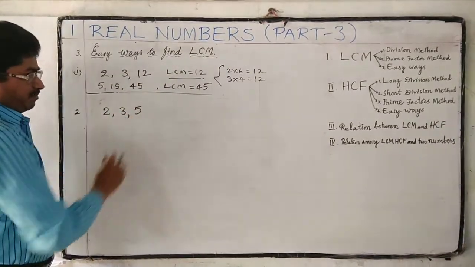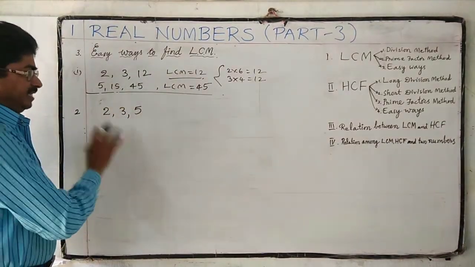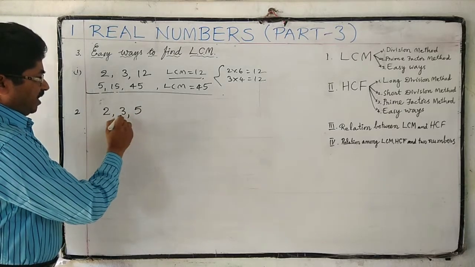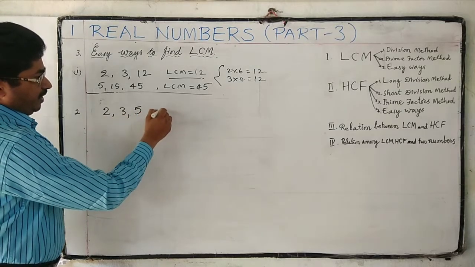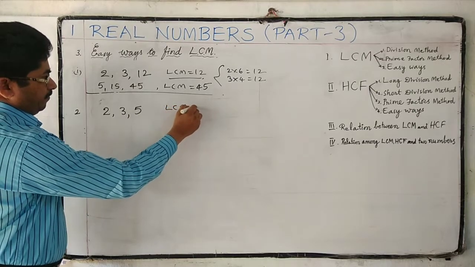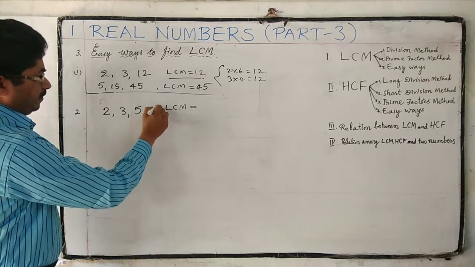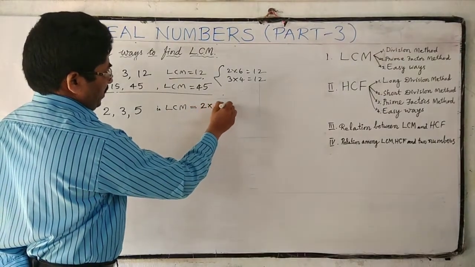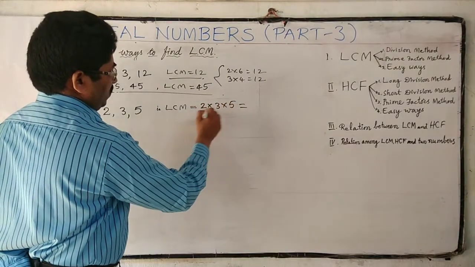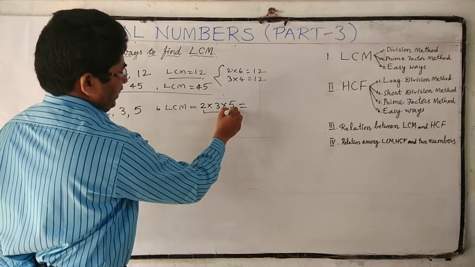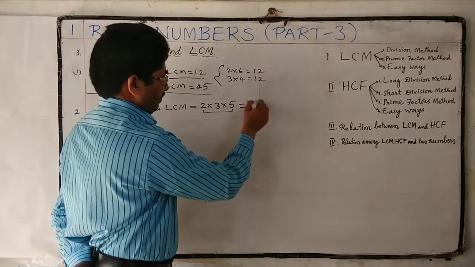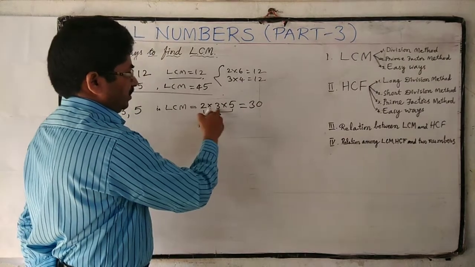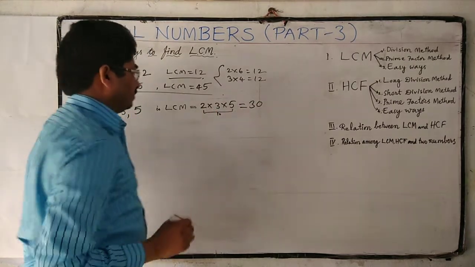So these are co-primes, with no common factors except one. The LCM of 2, 3, 5 is 2 into 3 into 5. 2 fives are 10, 10 threes are 30. Or 2 threes are 6, 6 fives are 30.